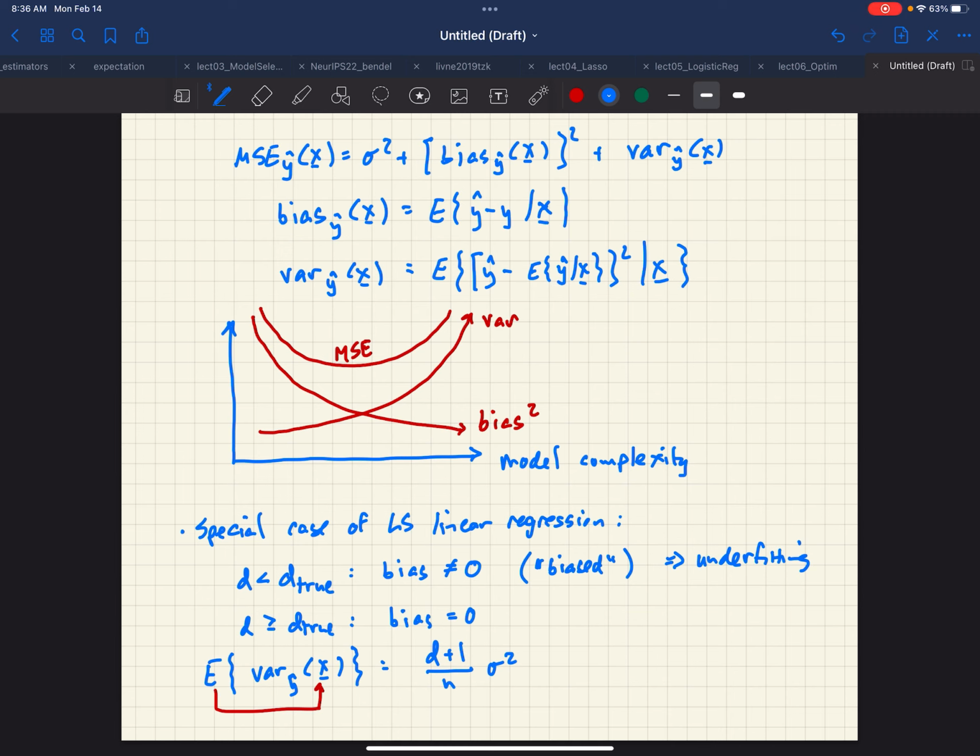So the more features you have for a fixed training data size, the worse your variance gets. Or if you fix your features and you can enlarge your data set, your variance goes down, and your mean squared error goes down as a result as well.